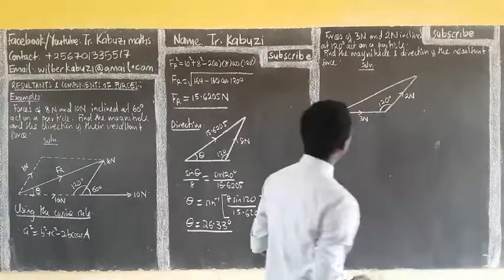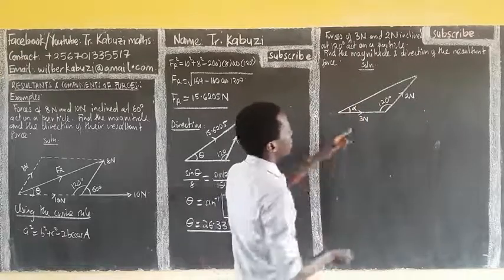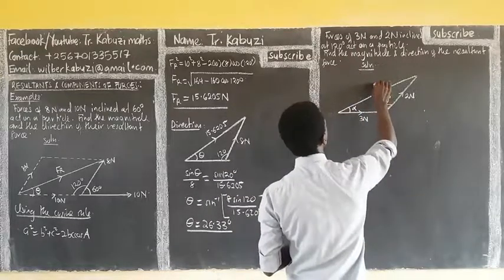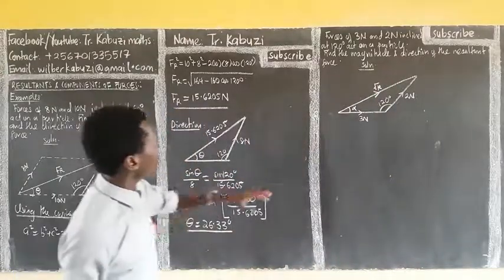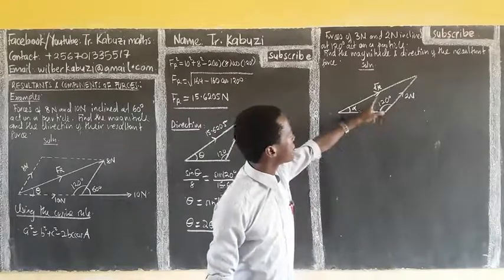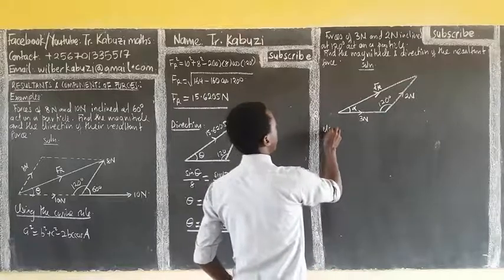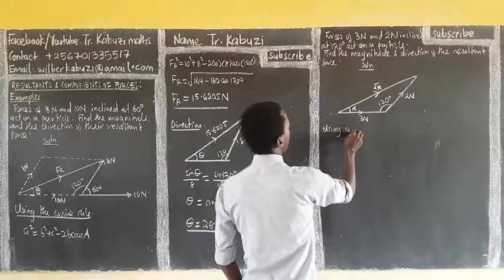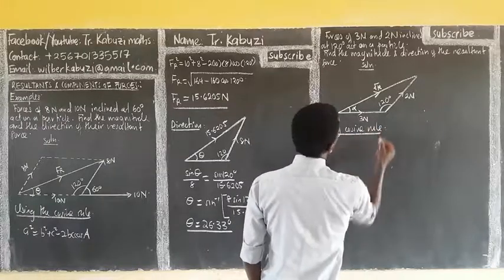Okay, so what do I have? First of all, I need my alpha. So this is going to be my resultant FR. If I have this now, you see, I have this, I need this. There we are going to use the cosine rule. So using the cosine rule, what does it say?